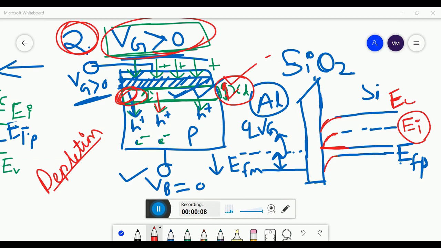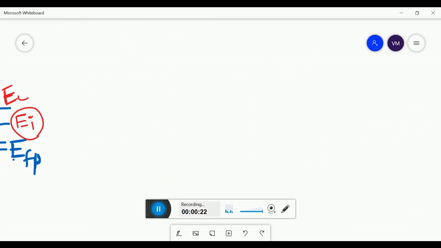Let's go towards the third condition. The third condition is when you apply a higher positive voltage.